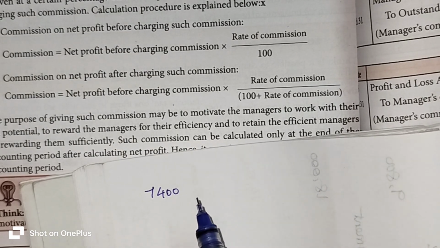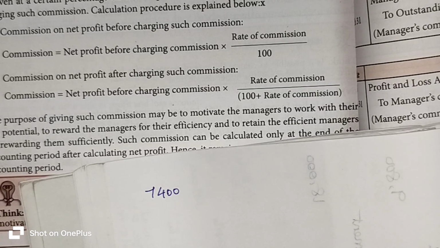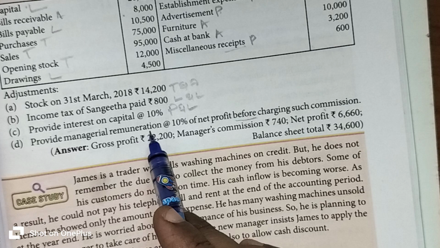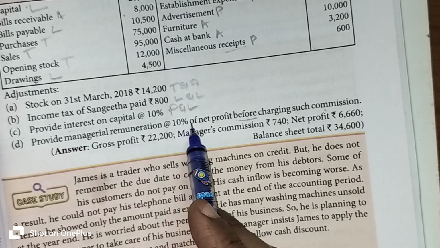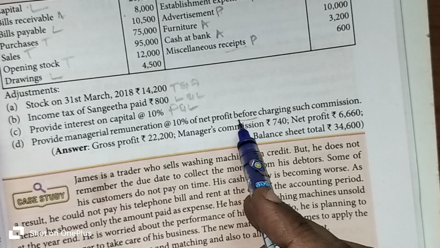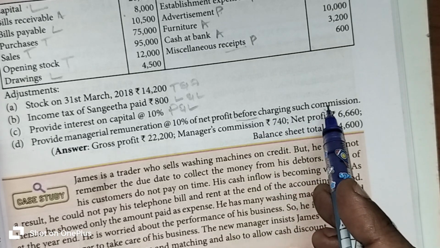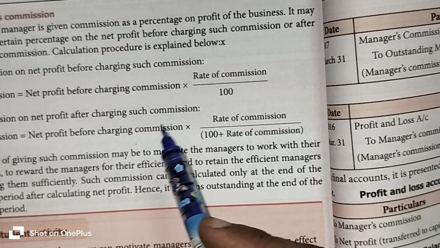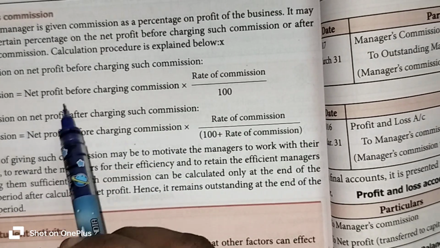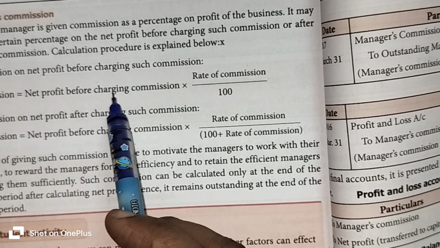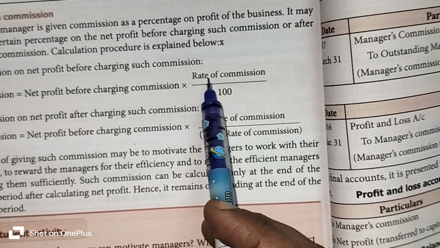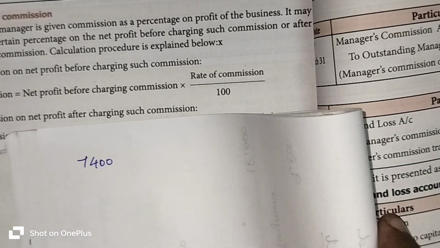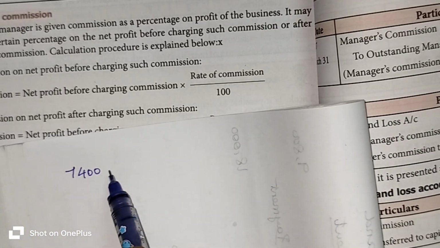Listen to what they have asked: manager's commission is 10% of net profit before charging such commission. So we find the manager's commission as net profit before charging commission into rate of commission into 100. Net profit before charging commission is 7,400.